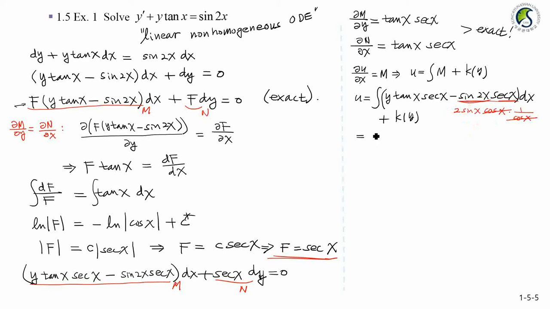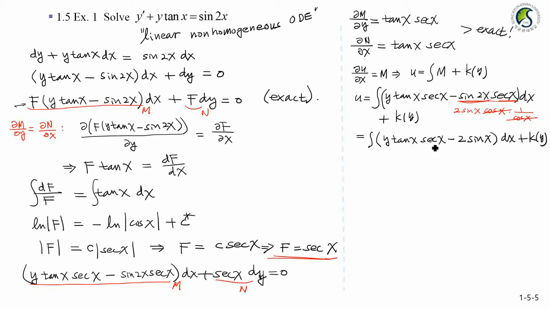So if we rewrite it, that's the integral of y tangent x secant x minus 2 sine x dx plus k of y.